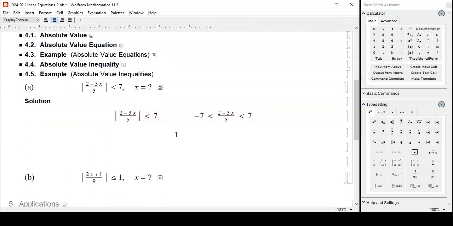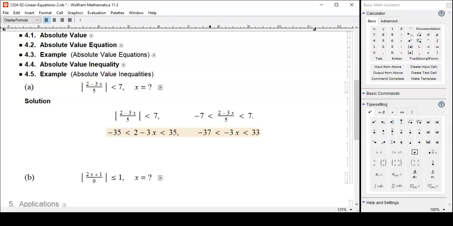And solving this, we went through those before. We remove the denominator first, multiply by 5, so negative 35 less than negative 3x, less than positive 35. And then flip over to negative 37, negative 3x, 33, divide by negative 3.